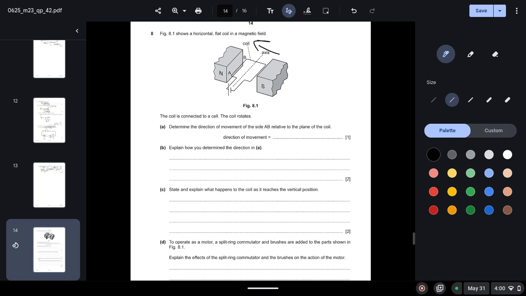So take your left hand and point your index finger towards south to north. When you do so, you will see that your thumb, which is the force, points upwards. So the force will be like this. So it will cause the coil to move in an anti-clockwise direction.